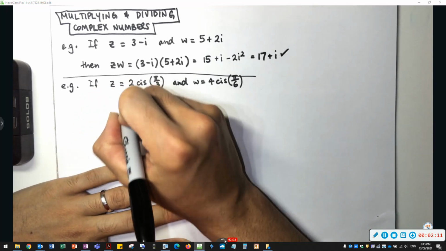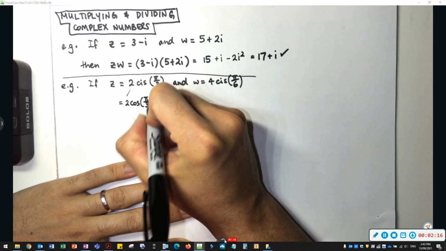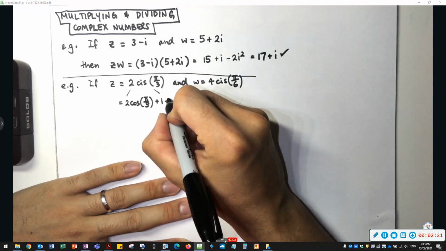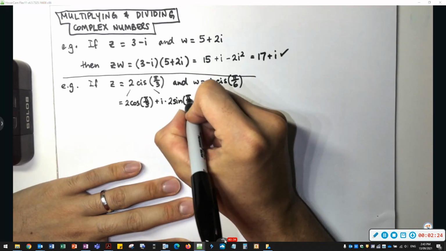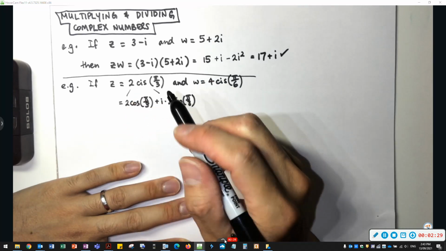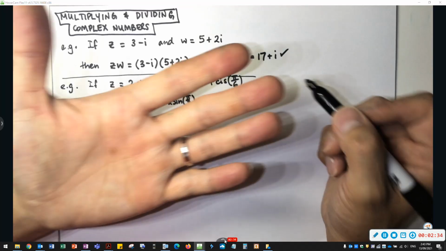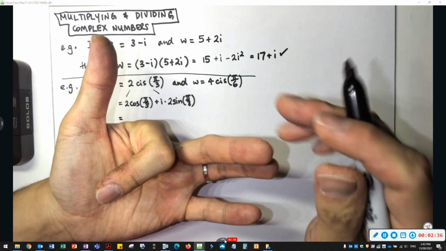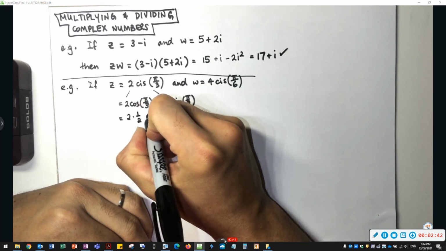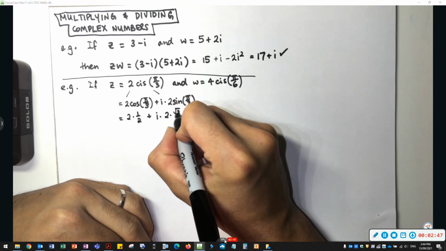If we do convert it, we're going to get 2 cos pi on 3, so that's the real part. Then we're going to have the imaginary part, plus i times 2 sine pi on 3. Remember that cis means cos, imaginary number, and then sine. Cos pi on 3 is 1 on 2, so 2 times 1 on 2, plus i times 2 times root 3 on 2.